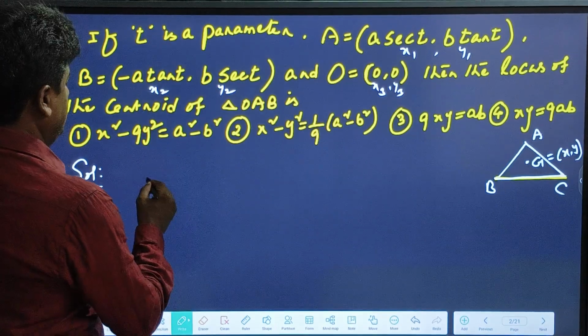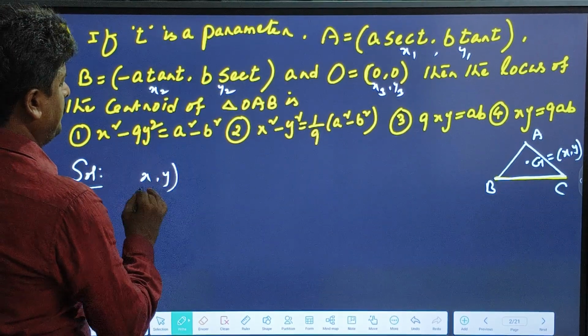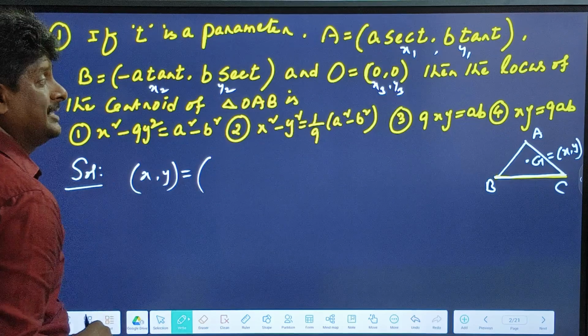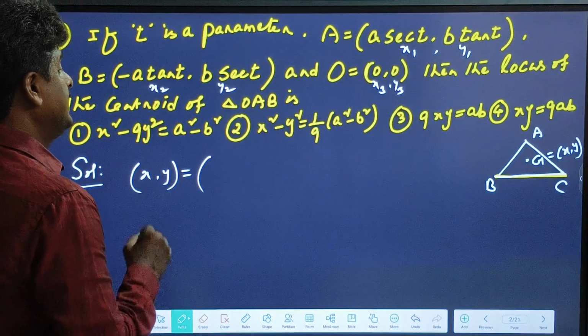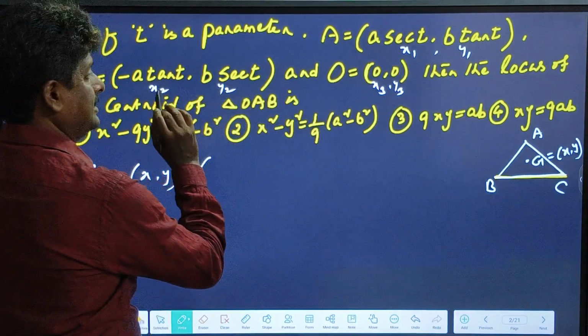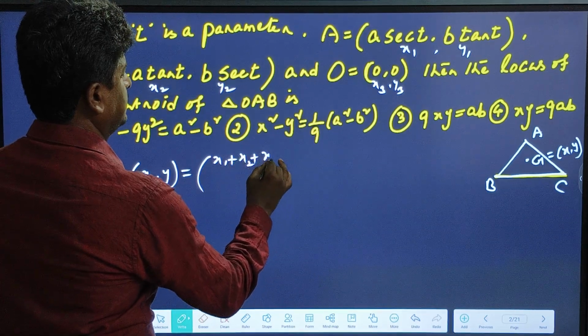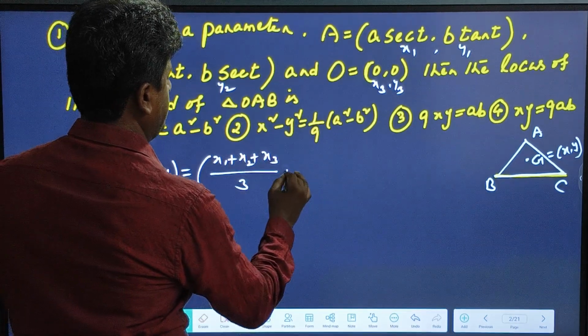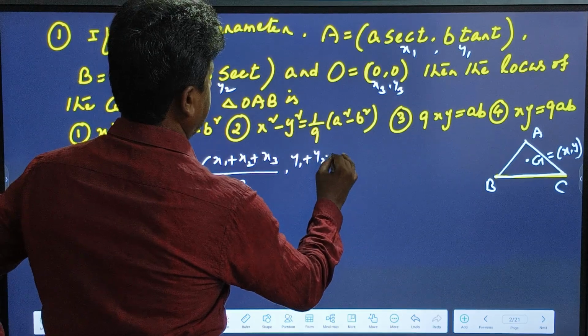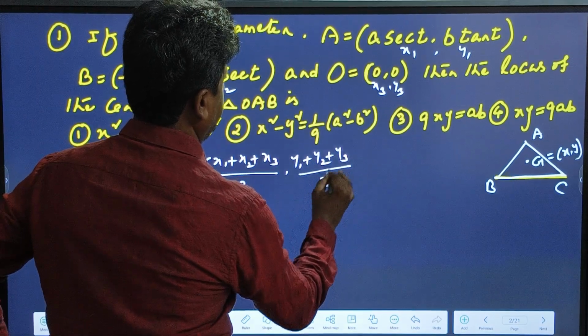Do observe that the centroid formula is x1 plus x2 plus x3 by 3, y1 plus y2 plus y3 by 3.